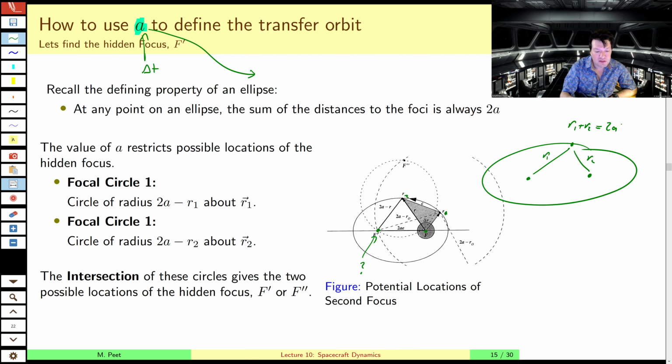Okay, that's interesting, but how does it help us? It helps us because now we've got the geometry here. We have R1, the focus here, but we don't know where this point is. So let's unpin this point because it's indeterminate. This length is R2, let's call it, and this length here, we know its length: it's 2a minus r.